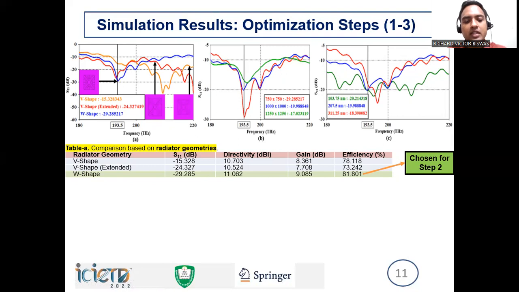As a result, for the imminent optimization steps, radiators designed with W-shaped slots have been taken into consideration.